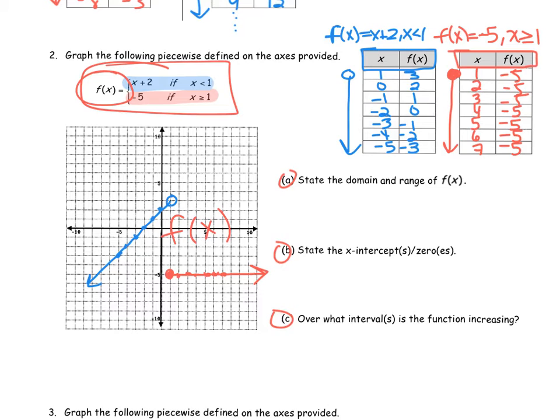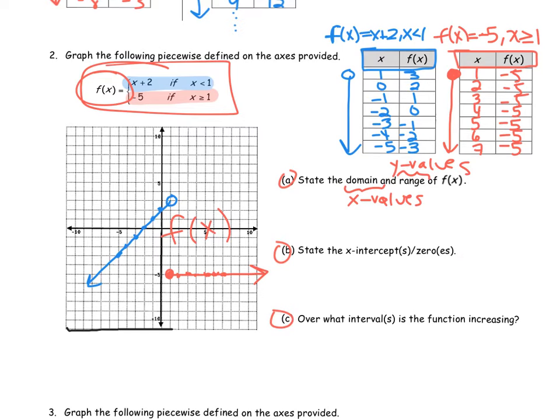So domain and range, remember domain, those are your x values. Range is the y values. So if we think about this, the domain, so let's travel from left to right. So as we travel from left to right, I'm including all those negative values, all negative values.